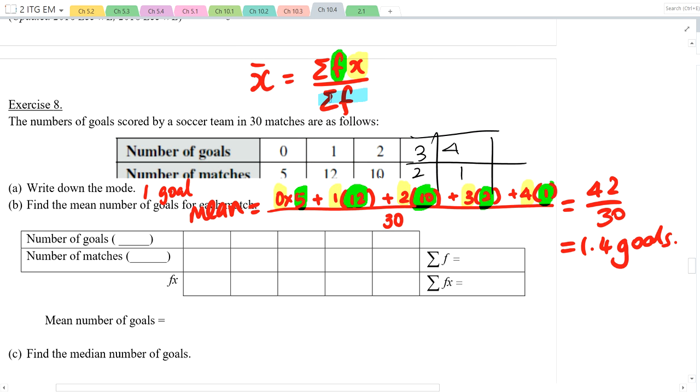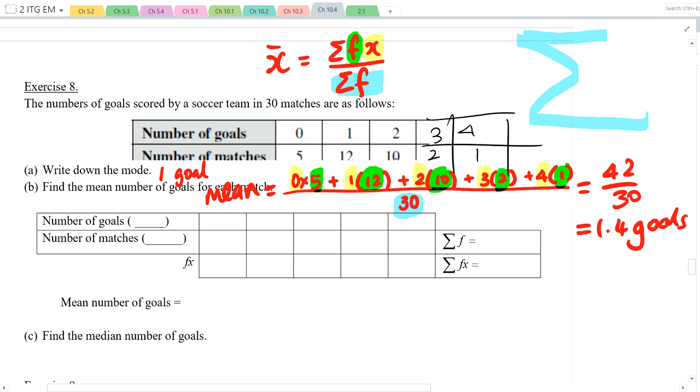Okay, summation f at the bottom will be adding up all the green numbers. And I get 30. Any questions? Straightforward. So you are familiar with the usage of the symbol summation? It's all over here. It just means adding up only lah. Okay.